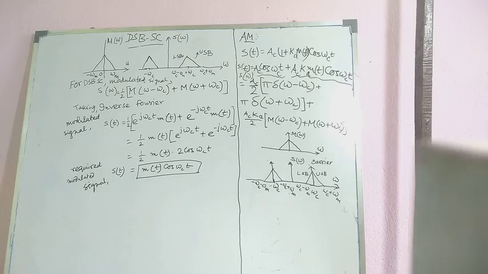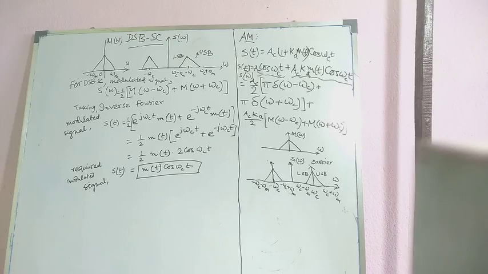Therefore, we should suppress this part, and it has been done by the technique of double sideband suppressed carrier. Here DSB indicates that both the sidebands, upper and lower, will be transmitted, and SC indicates suppressed carrier, that means the carrier will be suppressed.